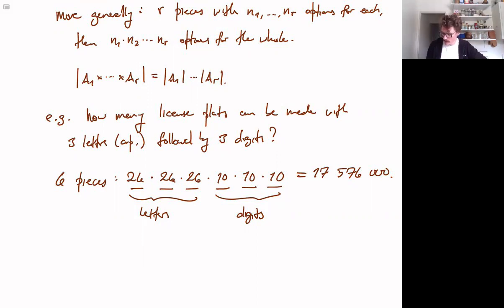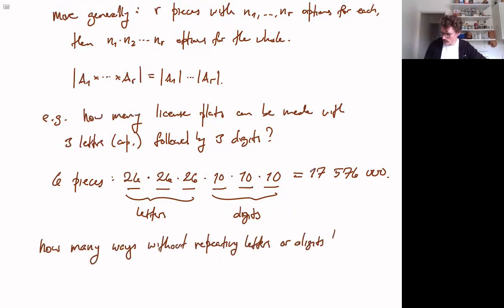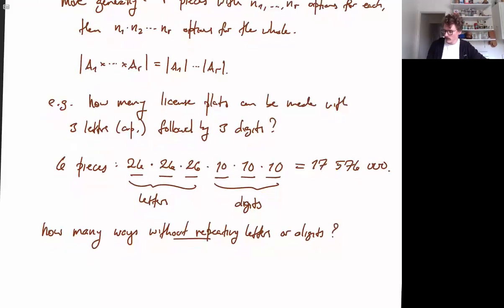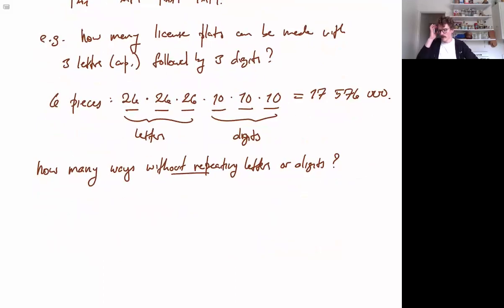How many ways without repeating letters or digits? So in this case, we can still break it down into 6 pieces. We just have to be slightly more careful about how we count them.